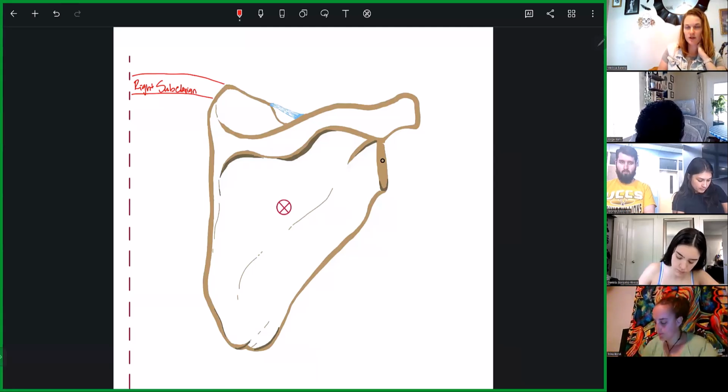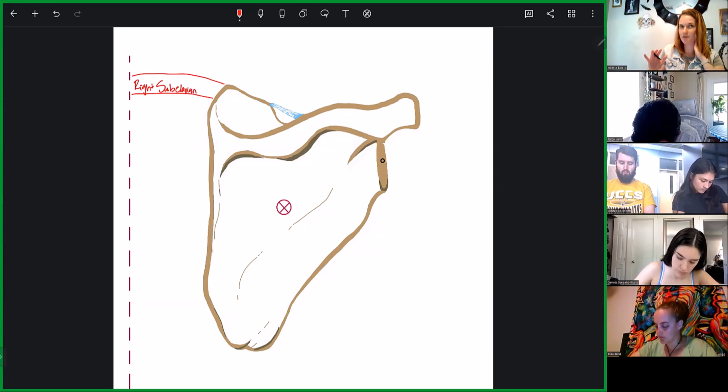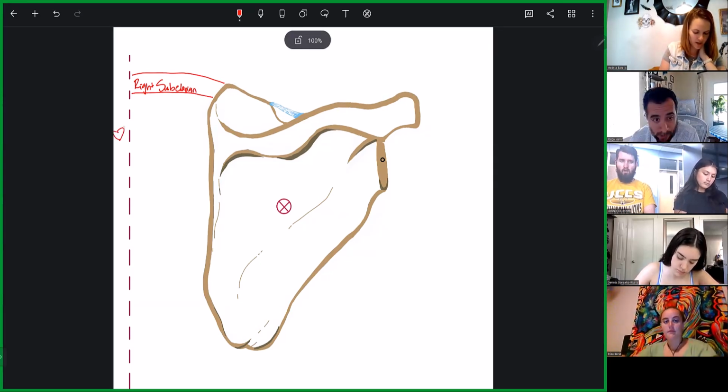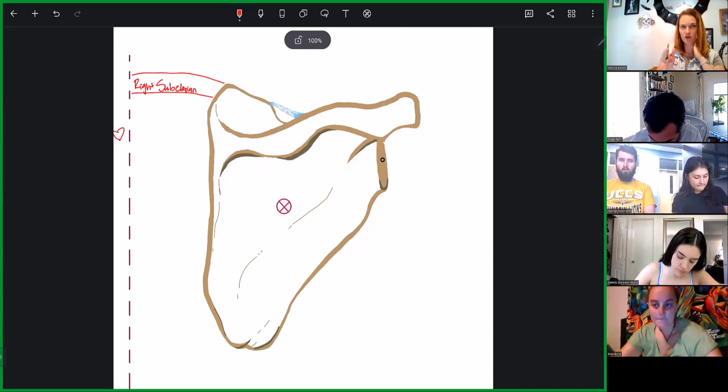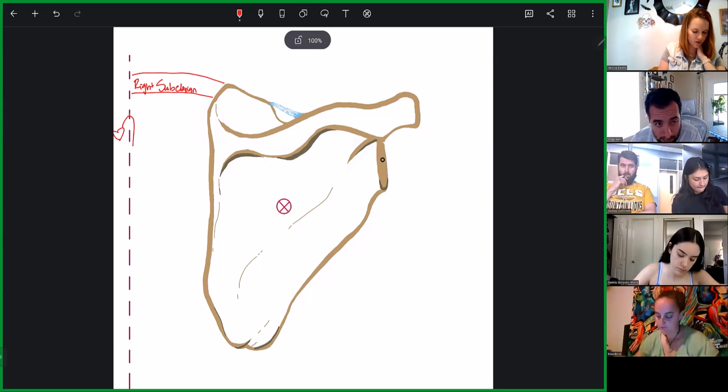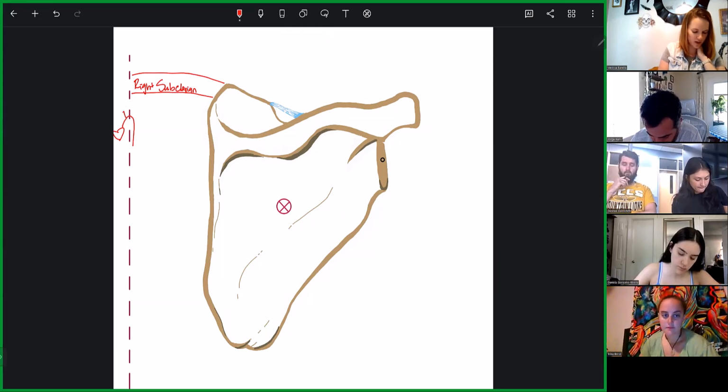So right subclavian. Now this right subclavian, just because I know anatomy is maybe like, where the heck was this coming from? Your heart would have been here. It has all of these branches off of the aorta. That first branch is going to be my brachiocephalic trunk.